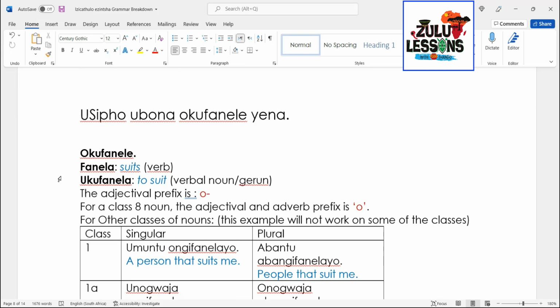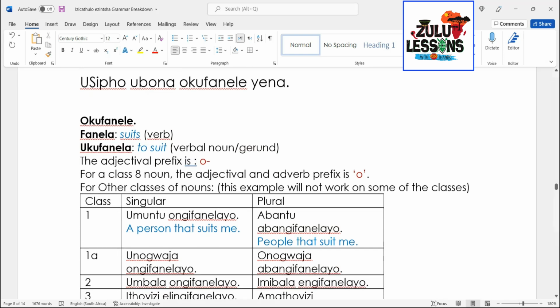In English, you would say, oh, this bag suits you, or this dress suits you. So that is what we are talking about here, fanela. So ukufanela, to suit, is a verbal noun or a gerund in English. So this is what we are actually working with when you're seeing this ukufanele.